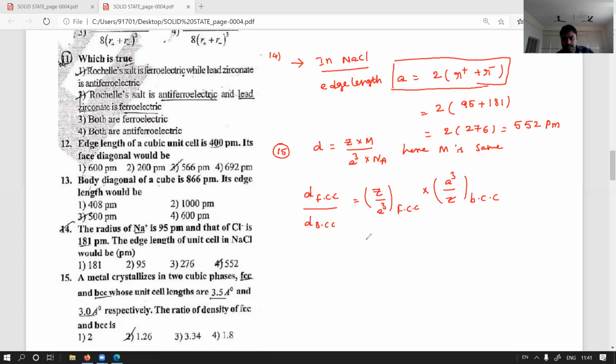Then for FCC Z is equal to 4, and the edge length they gave for FCC is 3.5 angstroms and for BCC is 3.0, then 3.5 whole cube into 3.0 whole cube by Z value for BCC, which is 2.